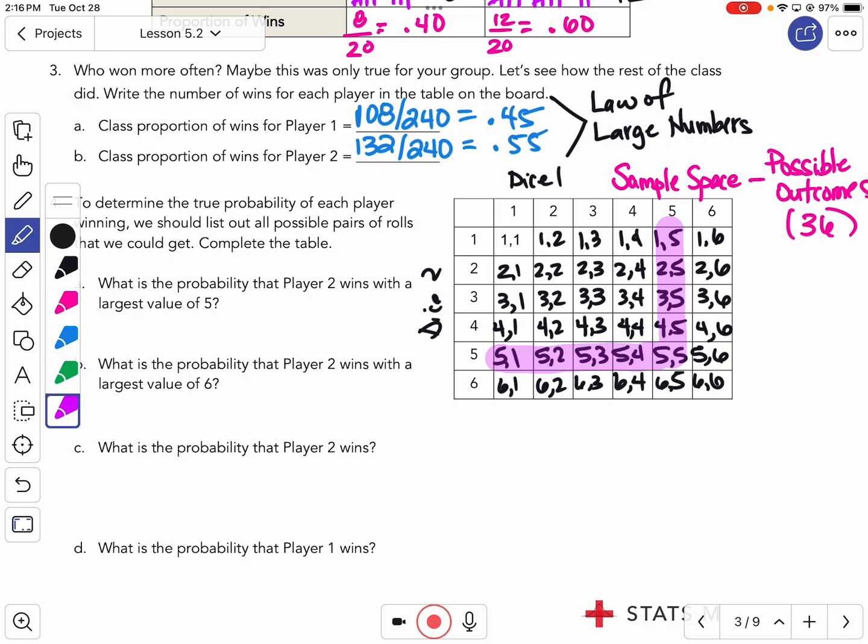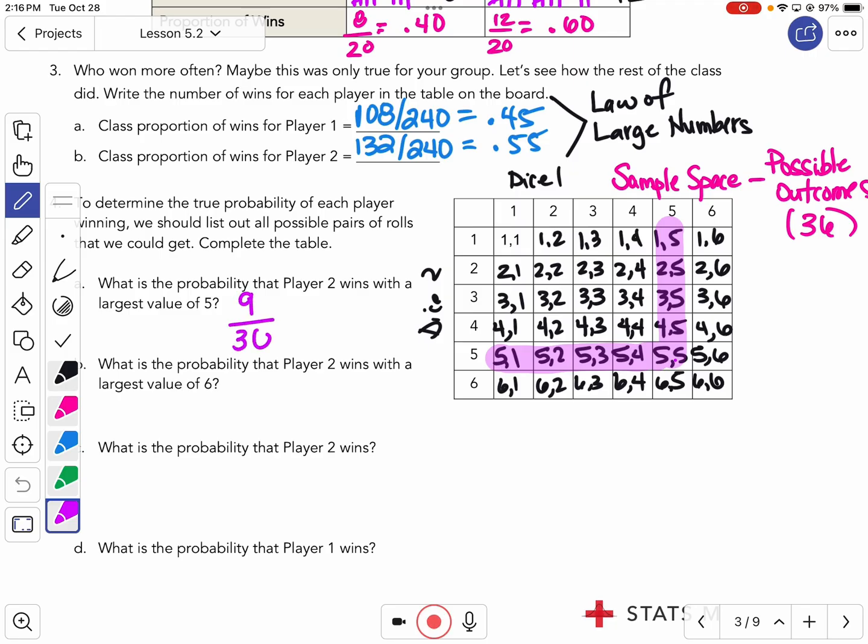So we're good. How many boxes did I highlight right there? 1, 2, 3, 4, 5, 6, 7, 8, 9. I highlighted 9 out of a total 36 boxes.